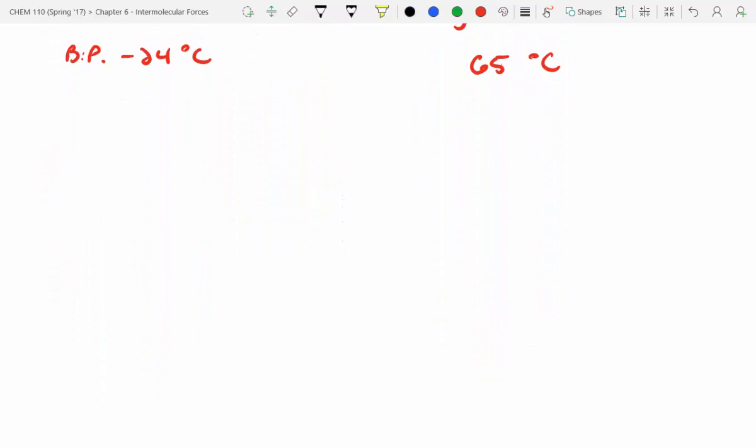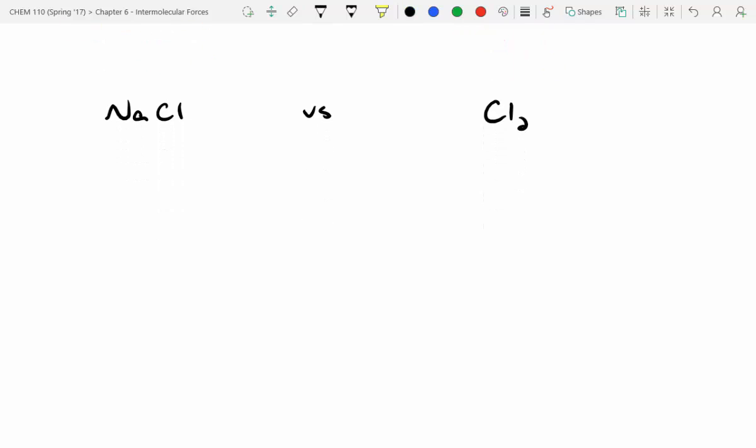Let's try NaCl versus Cl2. Which one should have the higher boiling point and why? NaCl. So what's the main intermolecular force for NaCl? It's ionic, right?